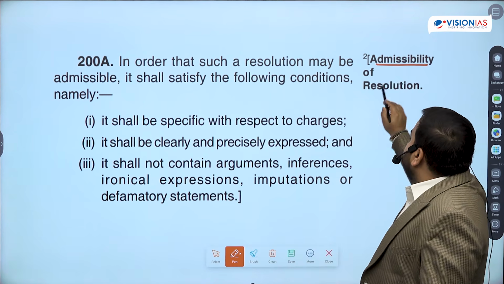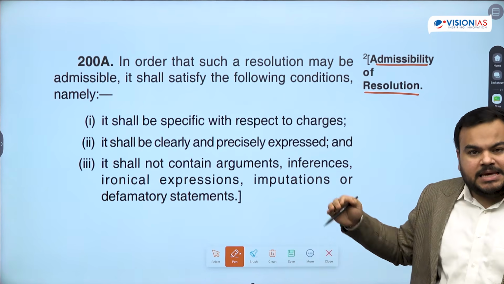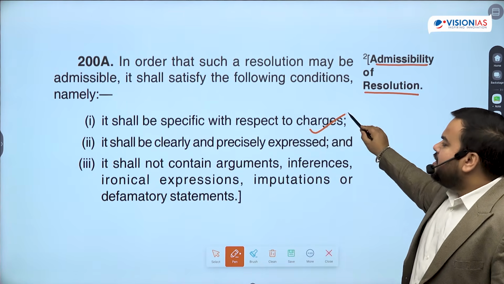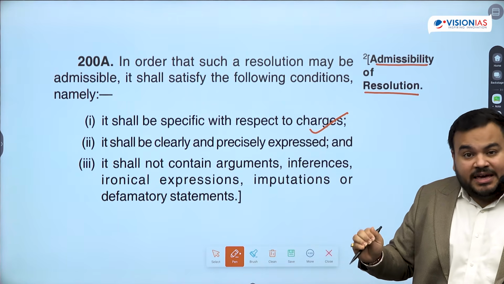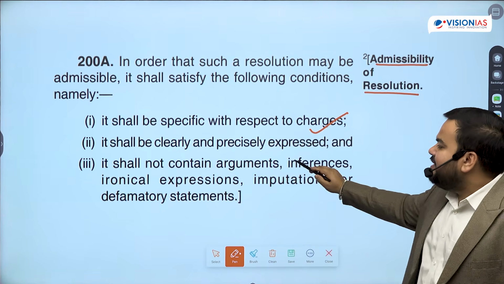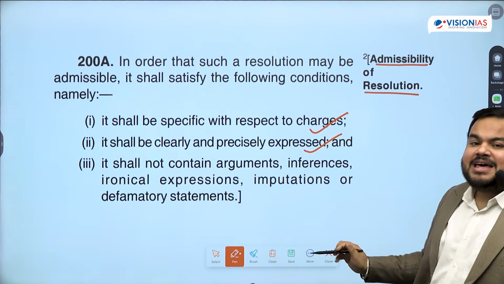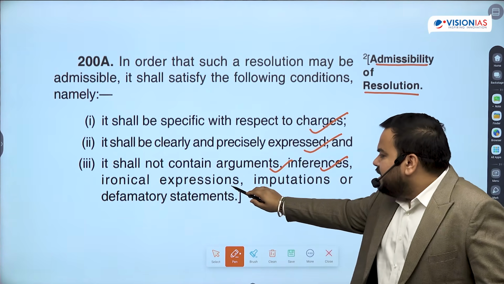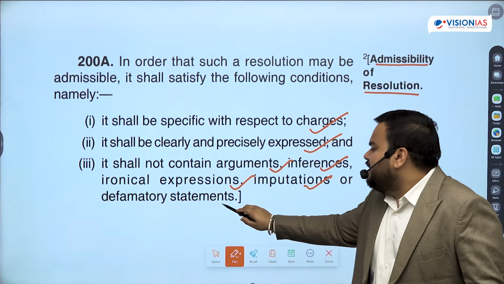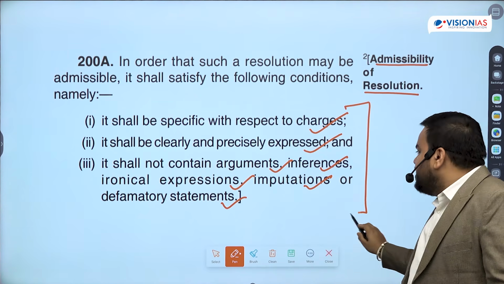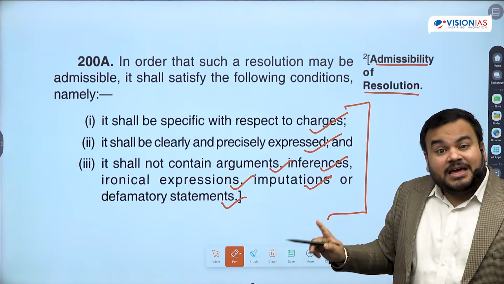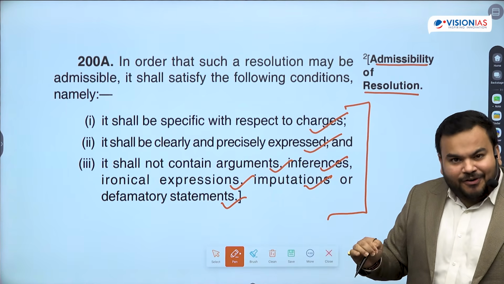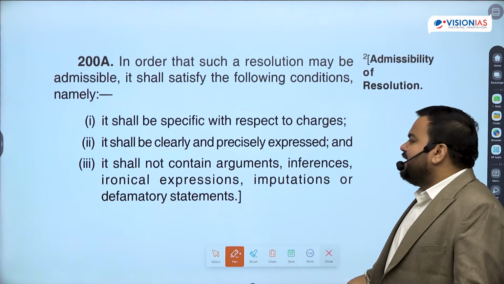The admission of the resolution will be accepted only if it satisfies these conditions. Number one, it shall be specific with respect to the charges against the Speaker of the Lok Sabha. It shall be clearly and precisely expressed, and it should not contain any arguments, inferences, ironical expressions, imputations, or defamatory statements. These are the conditions to be satisfied for a resolution to be admitted in Lok Sabha for the removal of the Speaker.